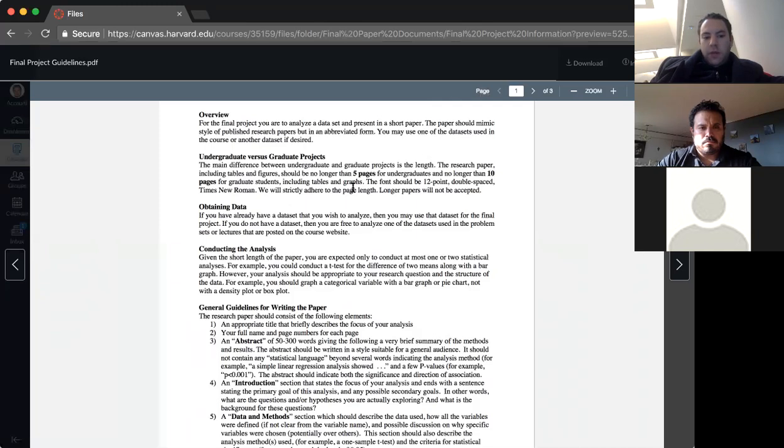That's pretty much what I'm looking for when I grade the papers. I look at making sure that the analysis was correct and it supports the research question and the conclusion, and that on its own and as a whole, it's coherent and makes sense.